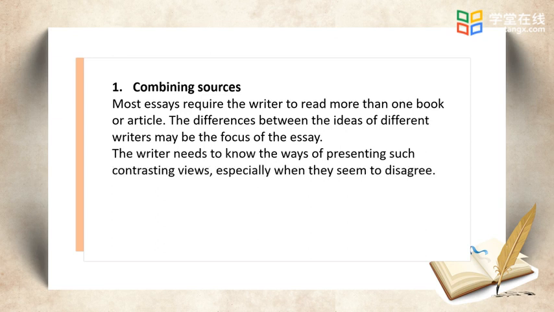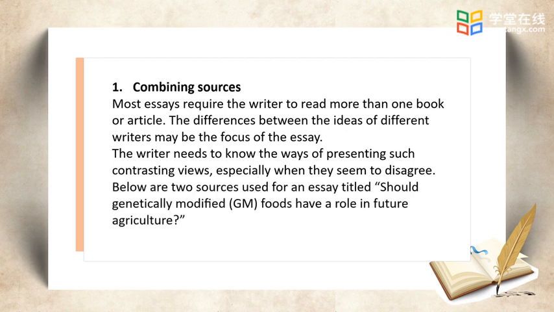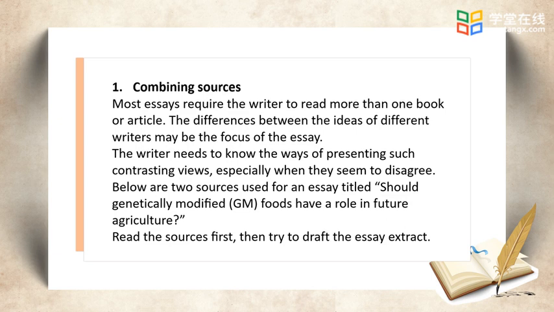The writer needs to know the ways of presenting such contrasting views, especially when they seem to disagree. Below are 2 sources used for an essay titled "Should Genetically Modified Foods Have a Role in Future Agriculture?" Read the sources first, then try to draft the essay extract.